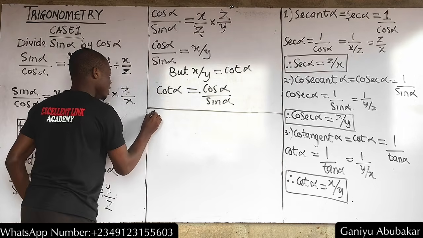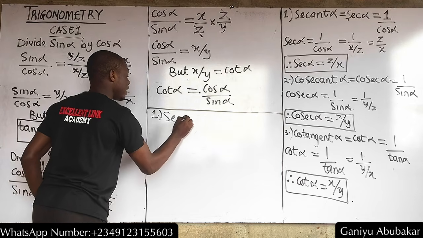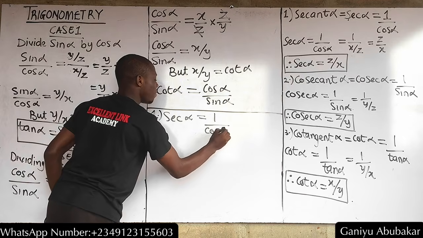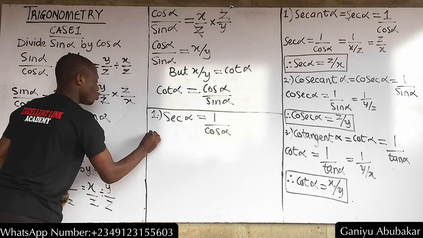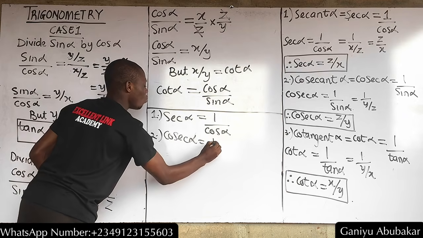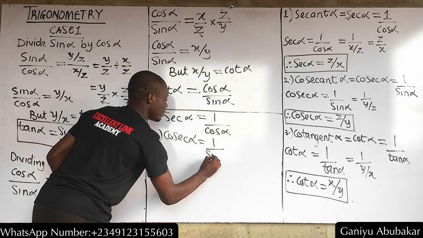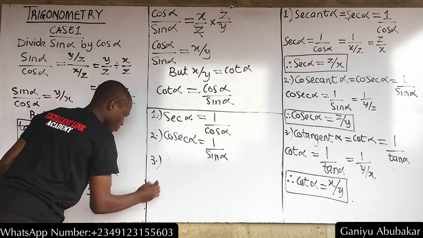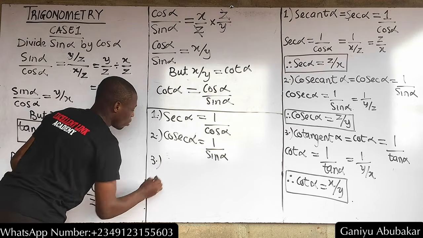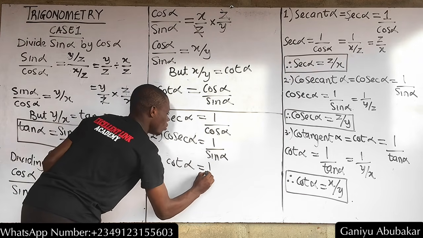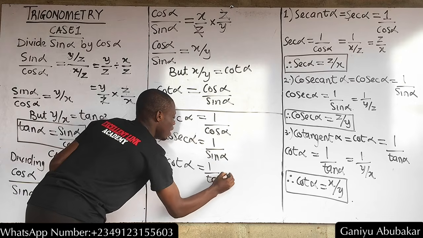Number 1 is that sec alpha is equal to what? 1 over cos alpha. Number 2 is that cosec alpha is equal to 1 over sine alpha. Number 3 is that cot alpha is equal to 1 over tan alpha.